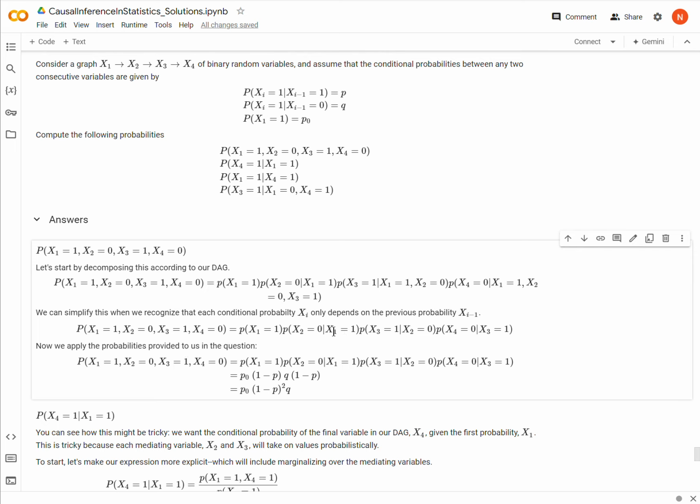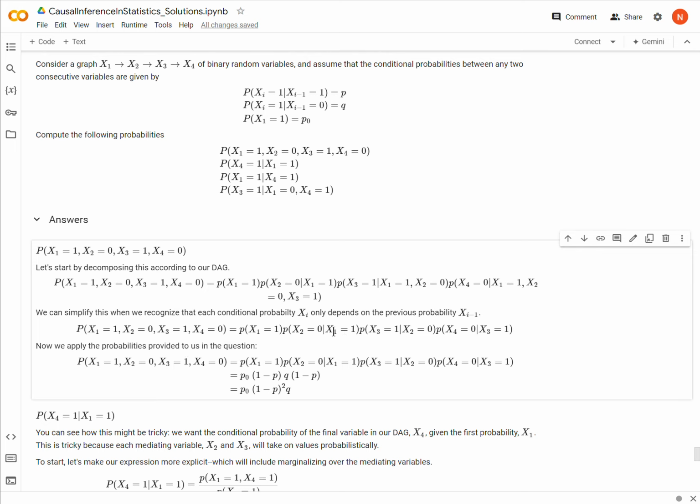We're allowed to do that because, take the x3 term, which we initially wrote as x3 equals 1 given x1 equals 1, x2 equals 0. The effect of x1 on x3 is completely mediated by x2. Once we know x2, knowing x1 doesn't give us any more useful information, so we can just drop x1 from that term.